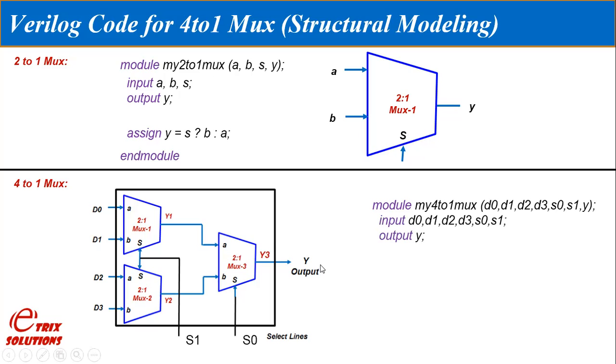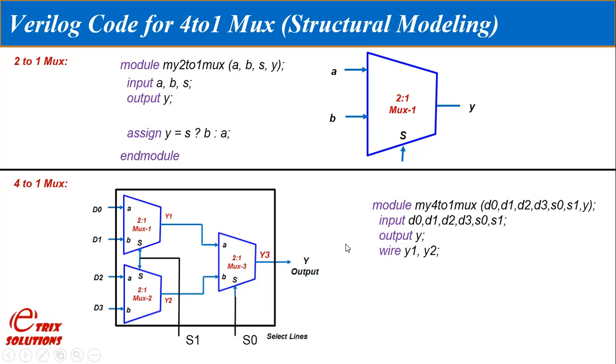Now apart from these inputs and outputs, there are two signals, y1 and y2, which are not included in the entity of this top module, but they are connected internally. To define this internal connection, there is a data type in Verilog which is known as wire. With the help of this data type wire, we can define the internal signals or the internal connections.